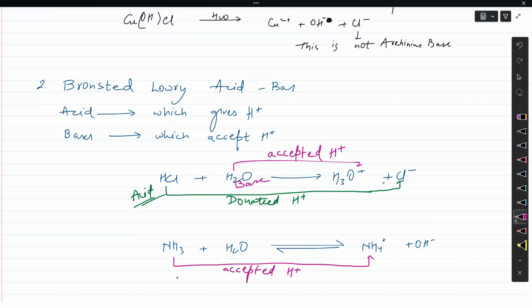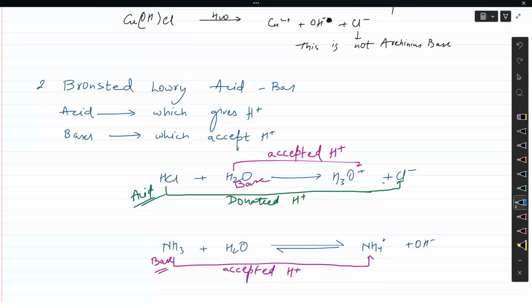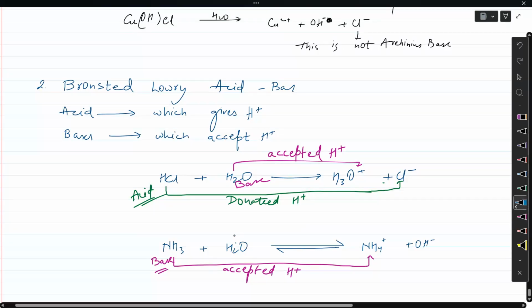Is it a base or acid? Base, since it has accepted H plus. And H2O has become OH minus, so it has donated one H plus. So this is an acid according to Bronsted-Lowry. Understood, everyone?